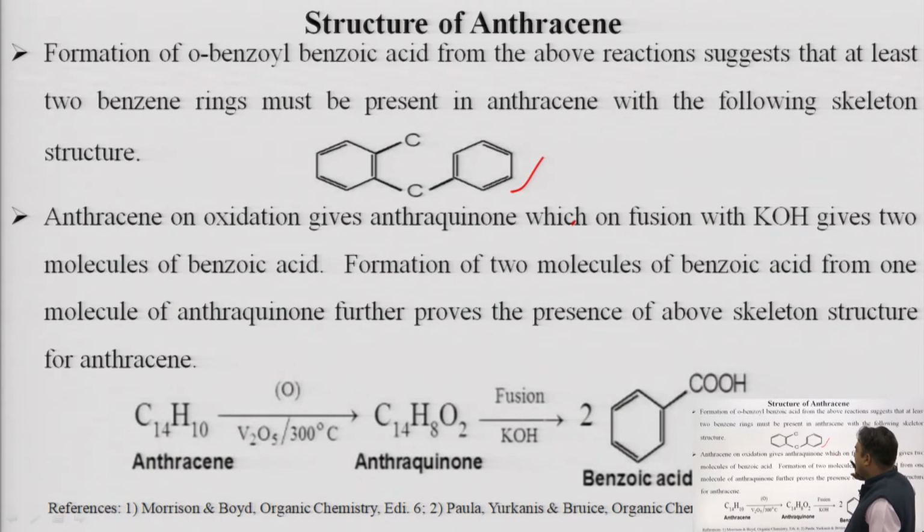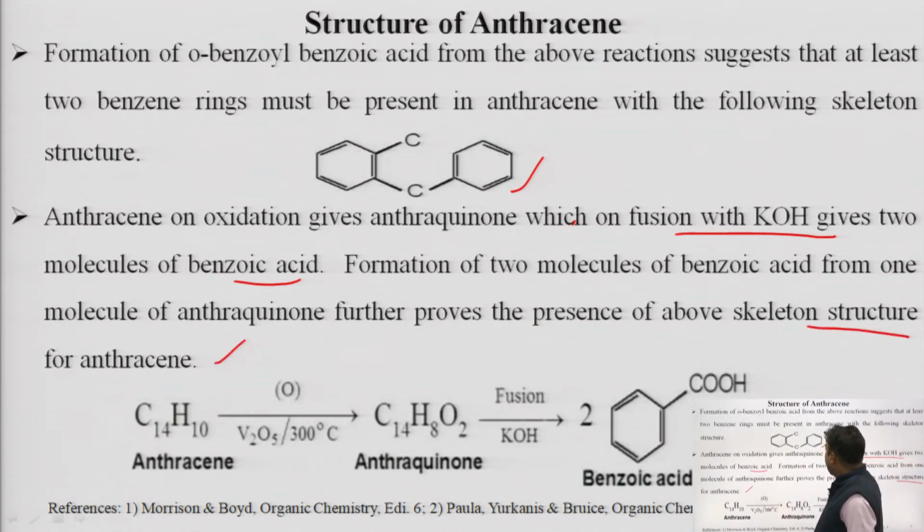Again, if anthracene undergoes oxidation, we get anthraquinone, which on fusion with KOH, as you have seen in the previous slide, gives 2 moles of benzoic acid. The formation of 2 molecules of benzoic acid from 1 molecule of anthraquinone further proves the presence of the above skeletal structure for anthracene. Here you can see the structure has 2 benzene rings joined together with a carbon ring.